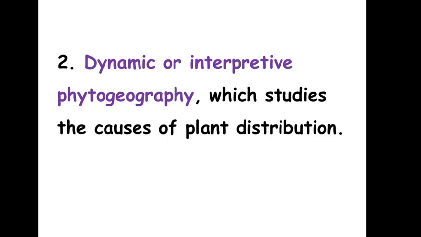Dynamic or interpretive phytogeography deals with the study of the causes of plant distribution. What is the meaning of this? A phytogeographer tries to analyze the causes of plant distribution. Plant distribution means the scattering of plants.